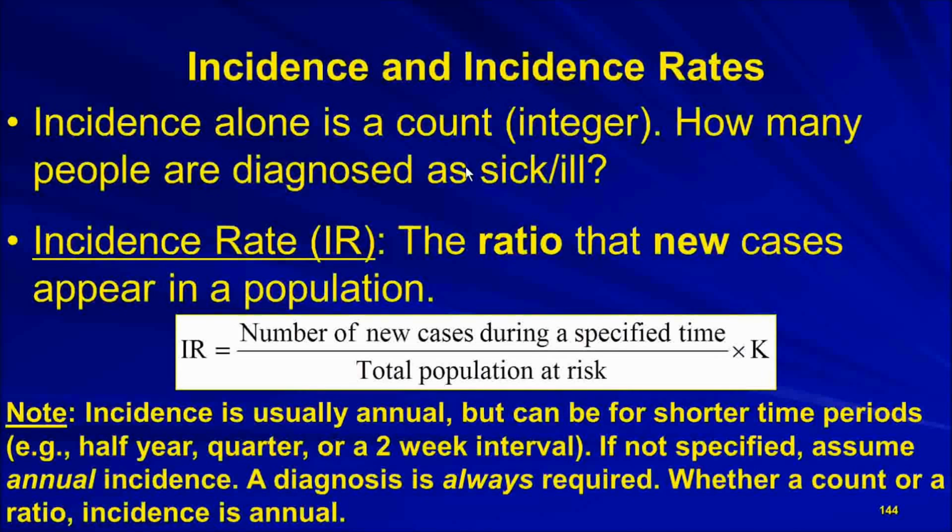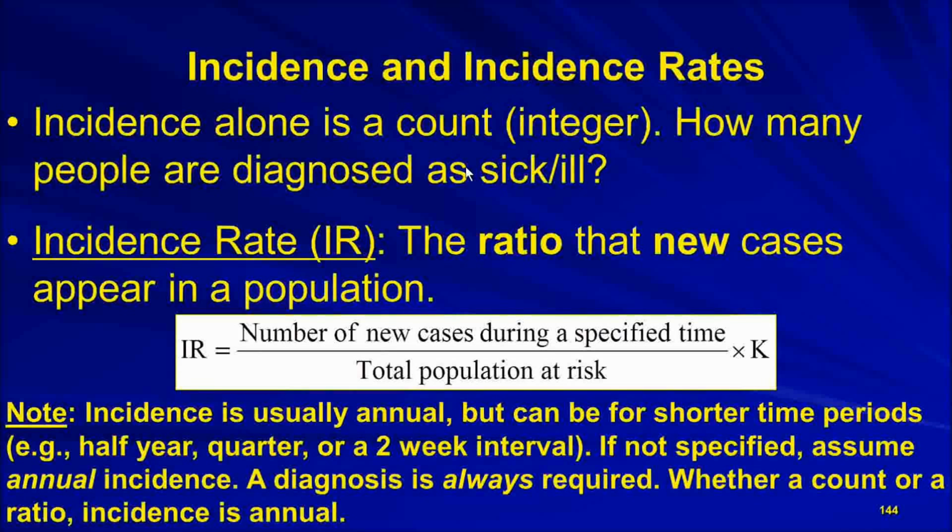Now, if it's not specified, if you just read something and we're talking about an incidence rate here, or incidence in general, it usually means that it's annual. It's annual incidence.